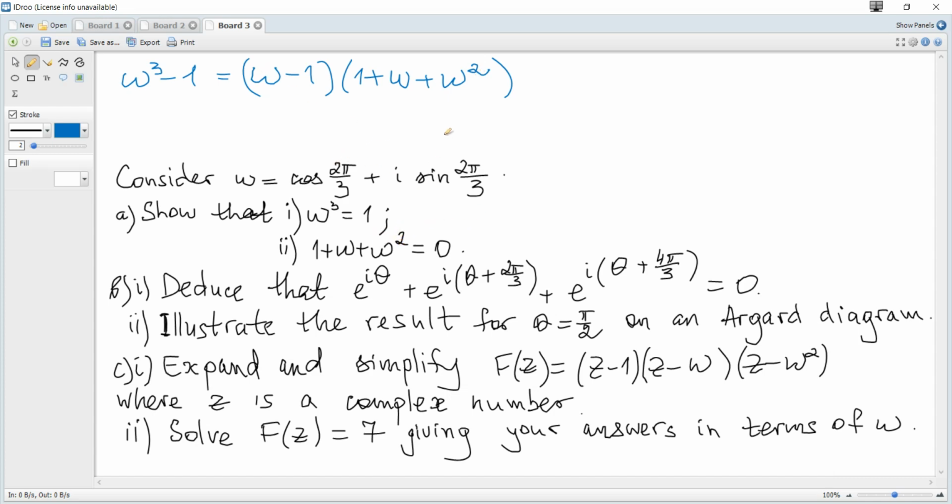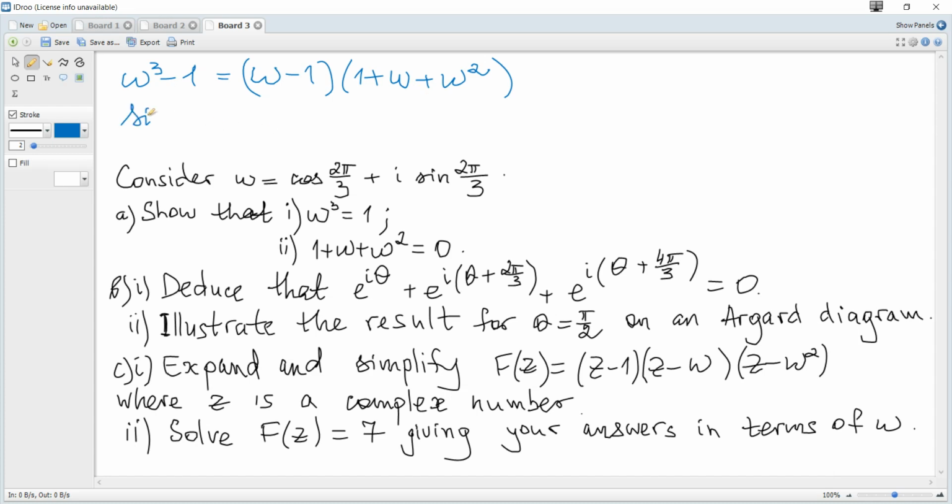but you may divide omega cubed minus 1 by omega minus 1 using polynomial division, or just open the parentheses and see that the right hand side is omega cubed minus 1, so it's true.